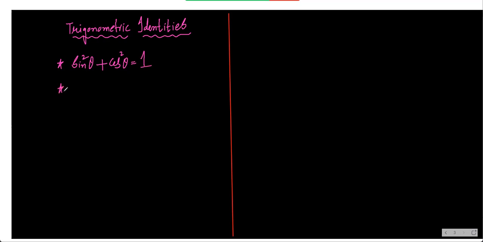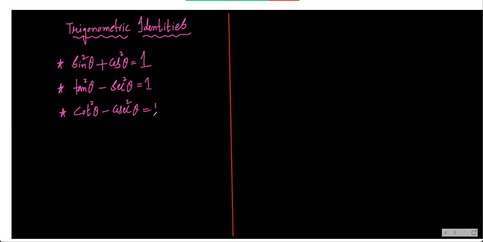Next, tan square theta minus secant square theta is equals to 1. And the last one is cot square theta minus cosecant square theta is equals to 1.